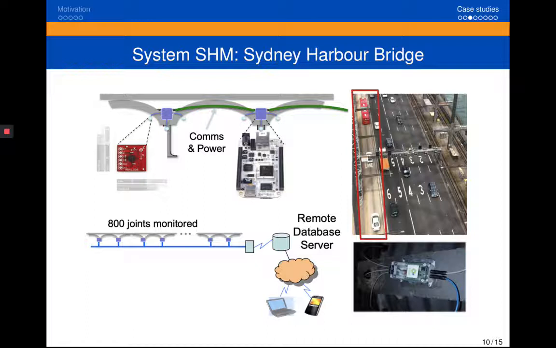As shown here, we are trying to monitor lane 7, which was earlier a tram line which was converted into a bus lane, and the excitation caused by the movement of any vehicle on this lane is monitored and sent across for the health score computation. And the node which is placed at one of the joints is also shown in the figure.